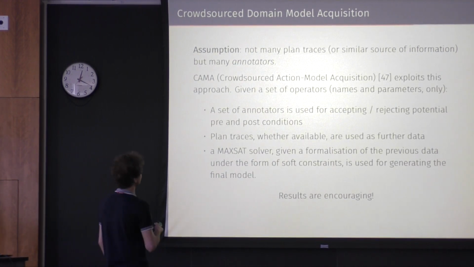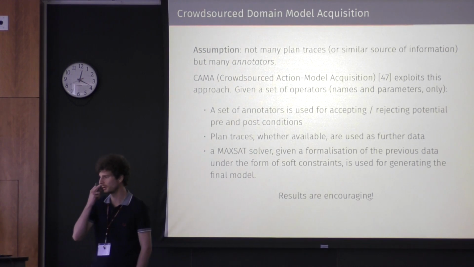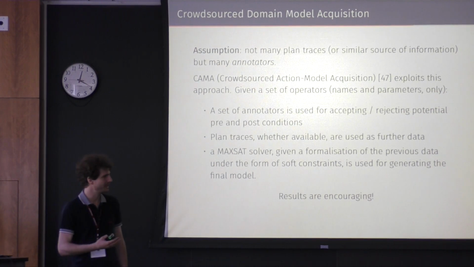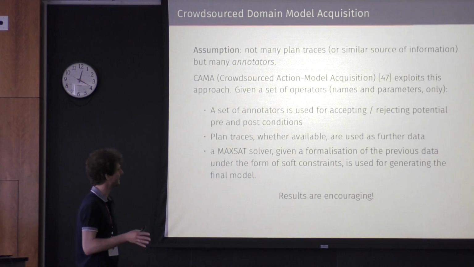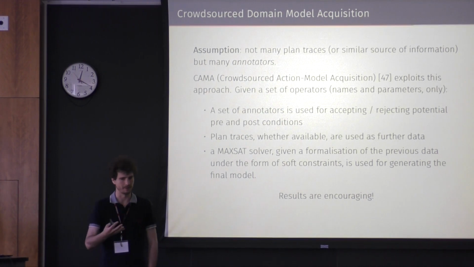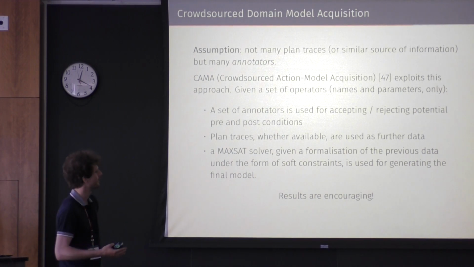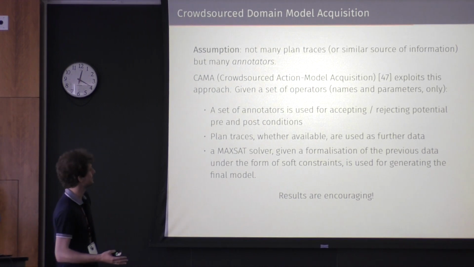That was addressed in what was called CAMA, crowdsourced action model acquisition. The idea is that you have a domain in mind, but you don't have great expertise in the area. You have a general idea of the operators which can be in place, but you don't know exactly which preconditions and effects.